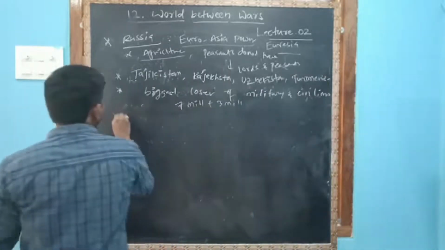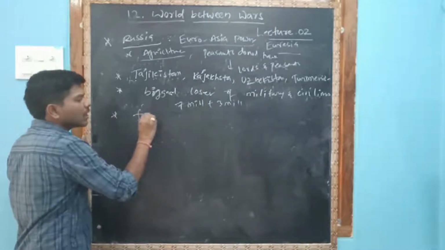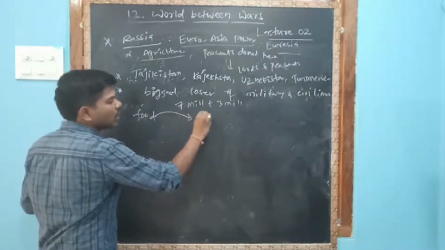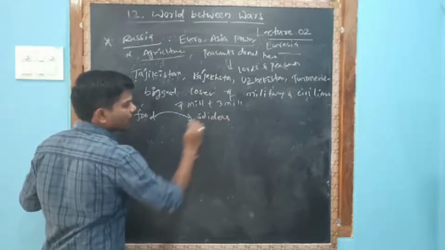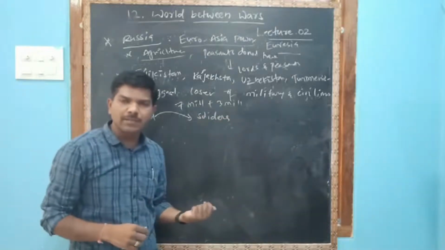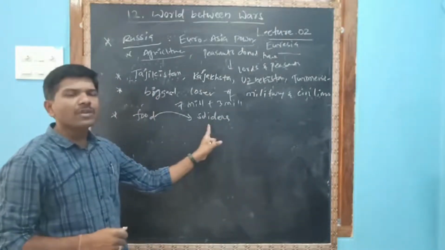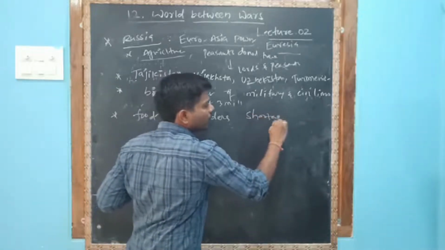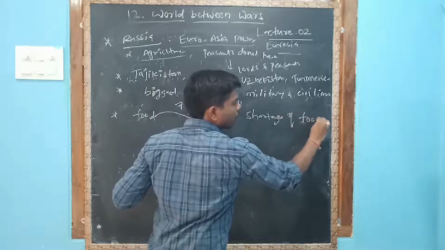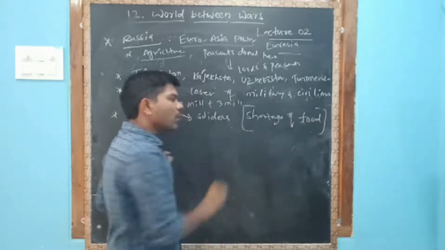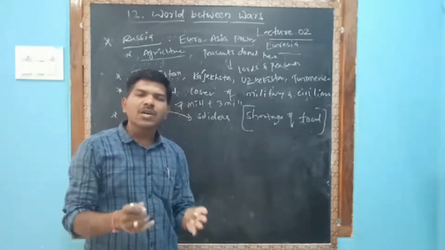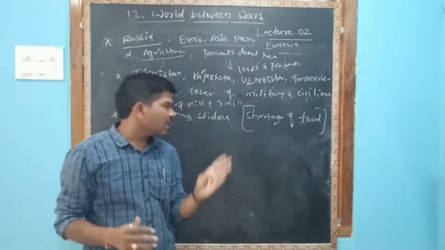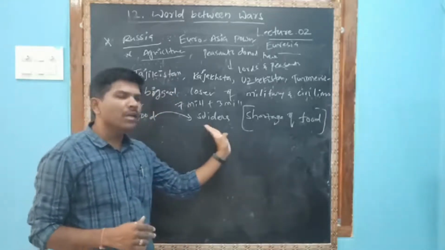And moreover, Russia supplied food to the soldiers. Due to this, there was a shortage of food. Why the shortage of food? Because the Russian king sent food supplies to the soldiers.